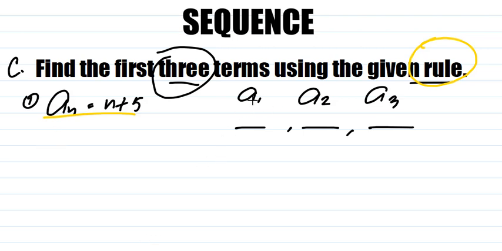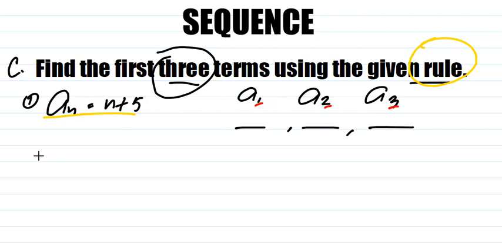Sa A sub 1, yung n natin is 1. Kasi yung n, yung nagre-represent ng first na term. So, that's why naka 1 yung first, yung pangalawa ay 2, yung pangatlo ay A sub 3. So, ito yung letter n dito. So, yung n ay nakabase kung pang-ilang term yung hinahanap natin na value.